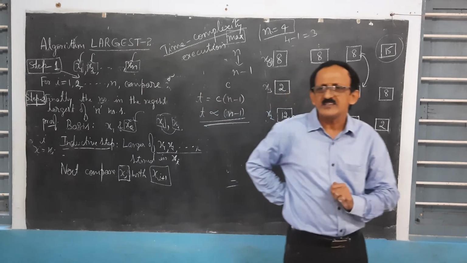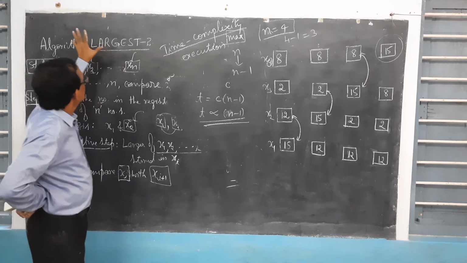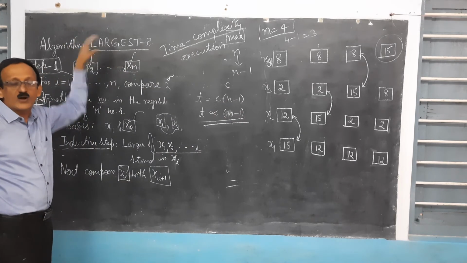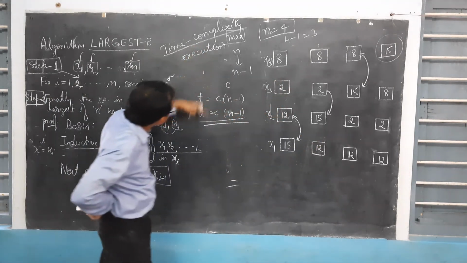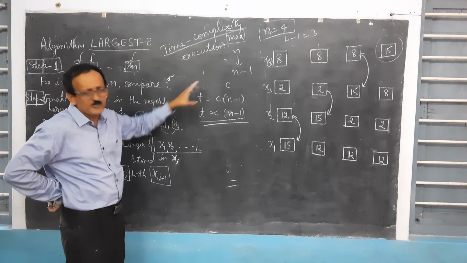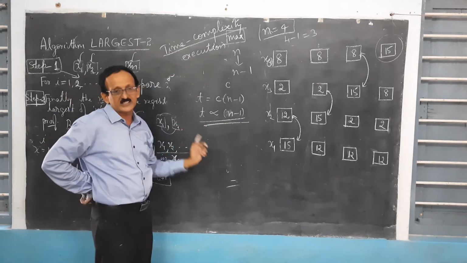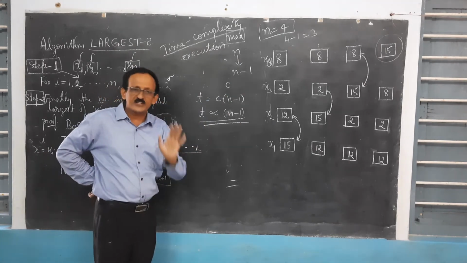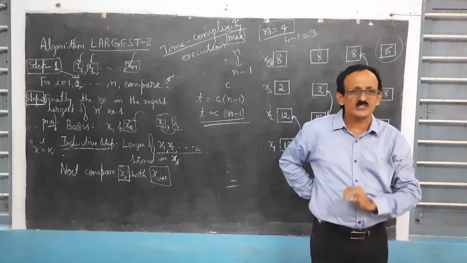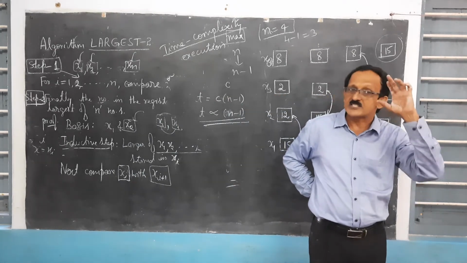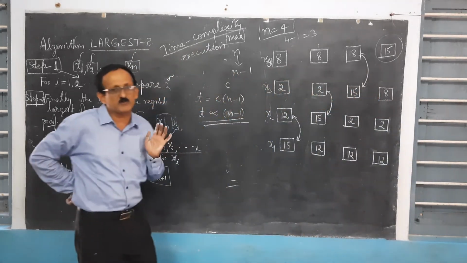But if they ask what is the time complexity of largest two algorithm, or of largest one algorithm, you only need to answer how many comparisons there are and what the time taken is. This is going to be a 3 mark question. If only the time complexity of the algorithm is asked, it is a short answer question, 3 marks. If the statement of the algorithm and proof is asked, it is an essay type question, 6 marks.